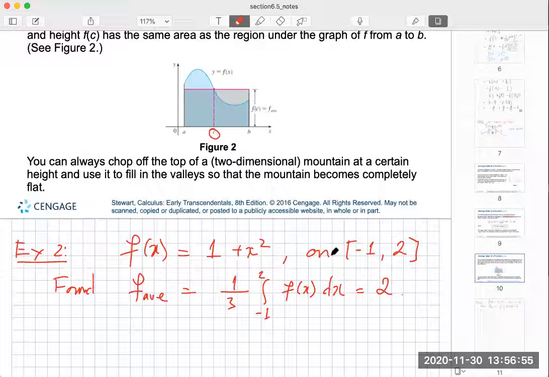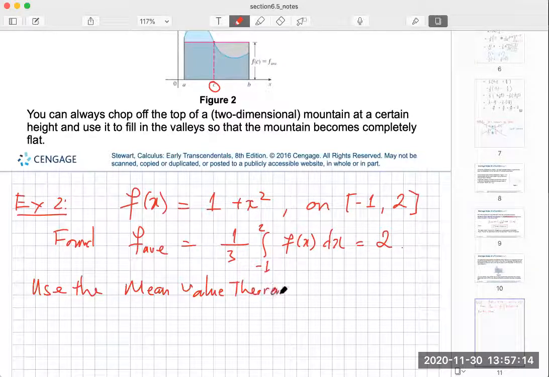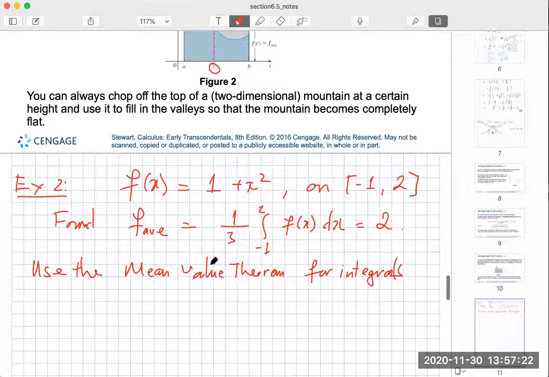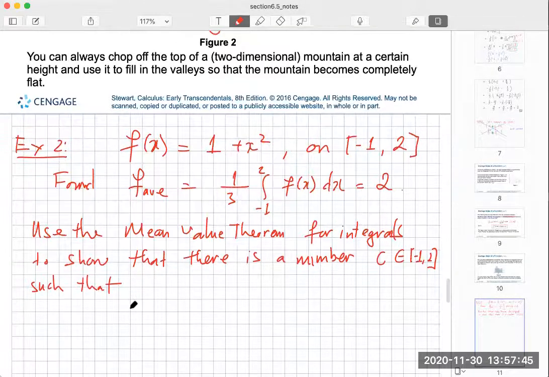And prove that, use the mean value theorem for integrals to show that there is a number c in -1 to 2 such that f of c is f average here.